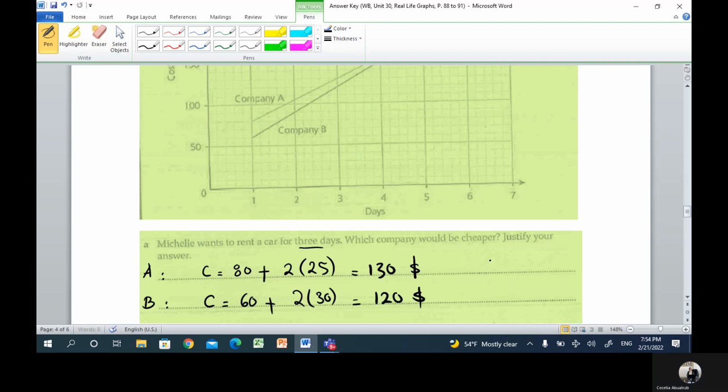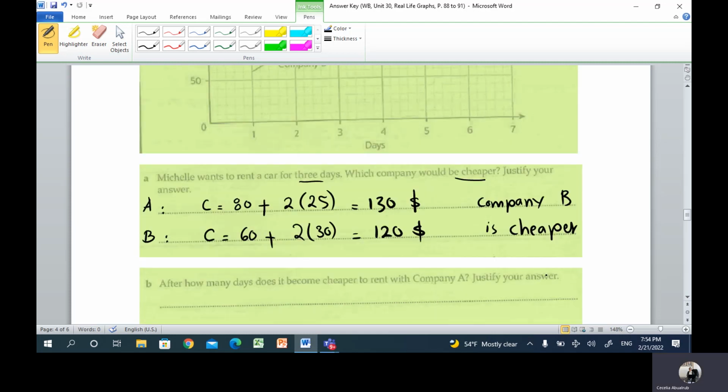So which one is cheaper? So company B is cheaper by $10 because 120 is less than 130. Okay.